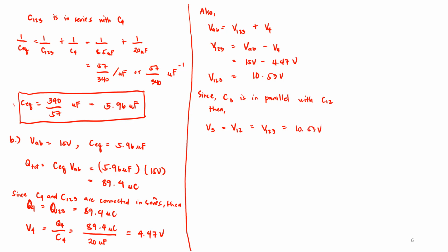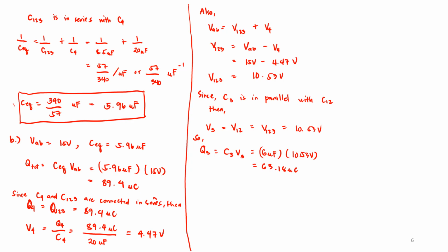Now that we have V3 equal to 10.53 volts, we can then get Q3. Q3 is equal to C3 multiplied by V3. Your C3 is 6 microfarad multiplied by your voltage, 10.53 volts. So we get 63.18 microcoulomb.